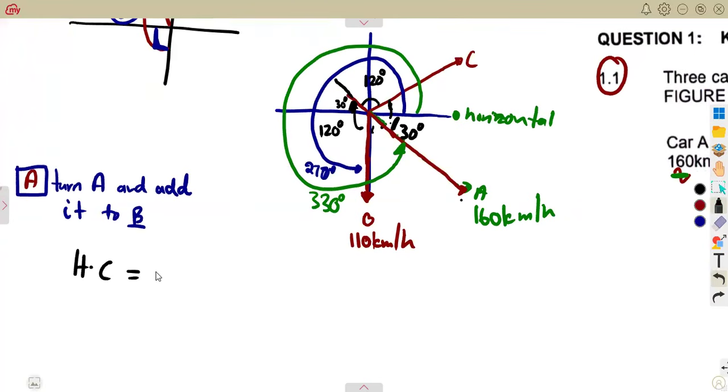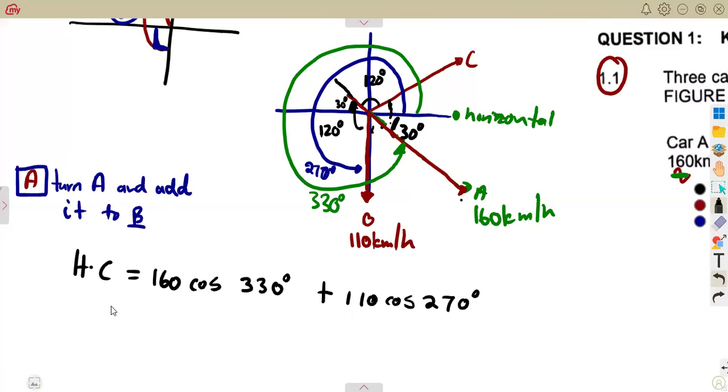Remember horizontal component with cos. So that is 160 cos the angle from the horizontal back to A. This is the whole angle of what? 330 degrees. So that's cos 330 degrees. You just add, all right? So you're going to add B's, which is at angle of 270. So that is B at 110 cos 270 degrees like that.